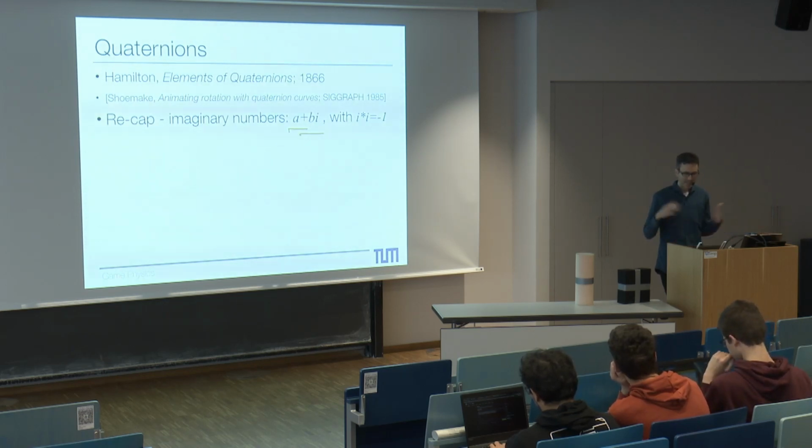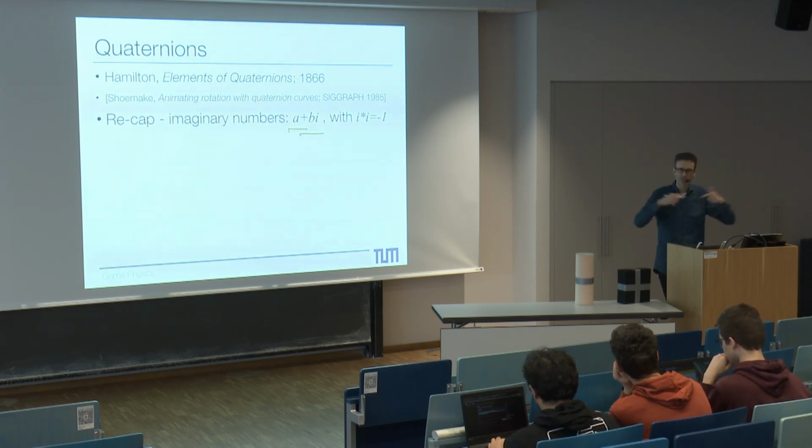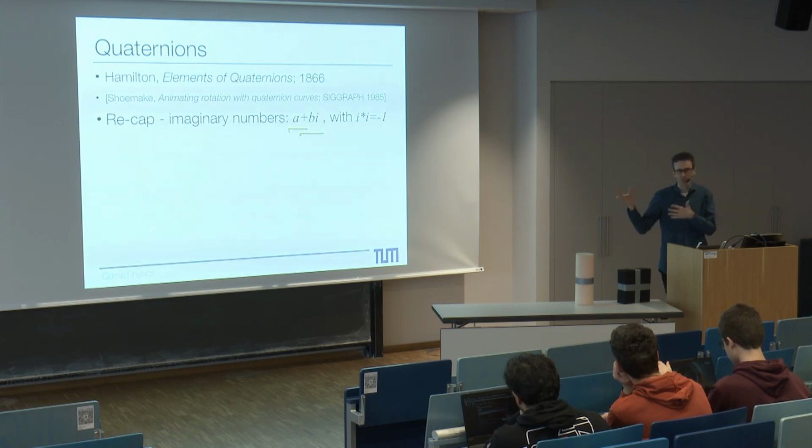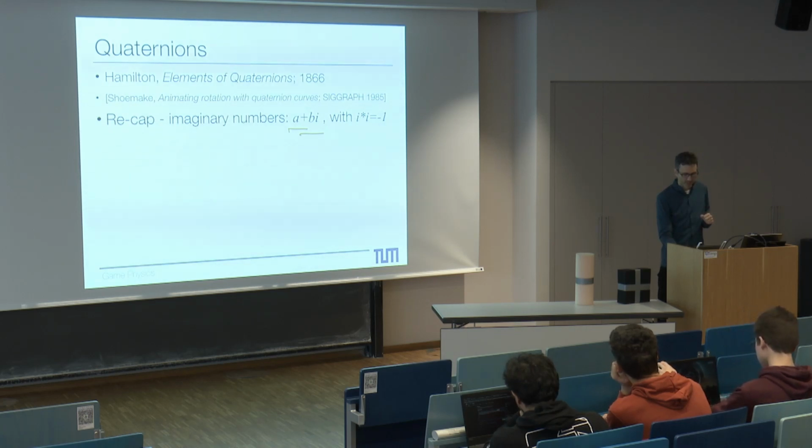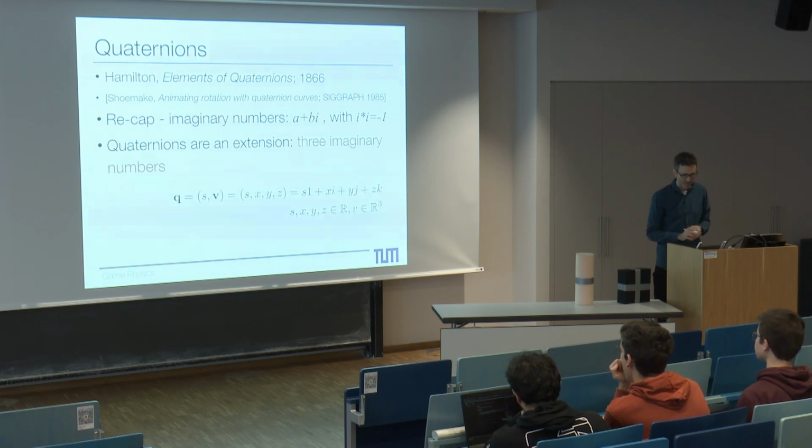But it already spans a 2-dimensional plane. Essentially, we're working with numbers along a line, but you can show these complex numbers also have some neat properties, especially for physics applications. And these quaternions now are an extension of that. So now instead of 1 imaginary part, we have 3.